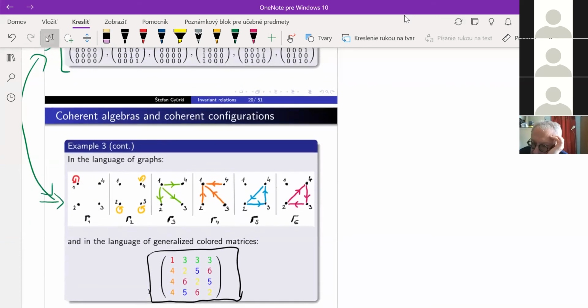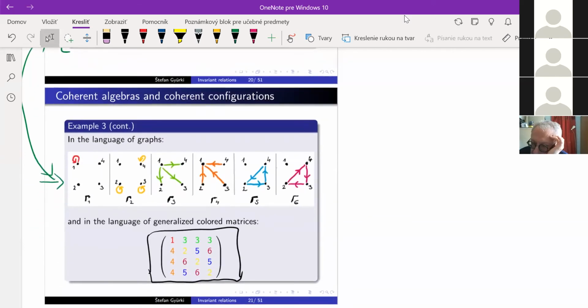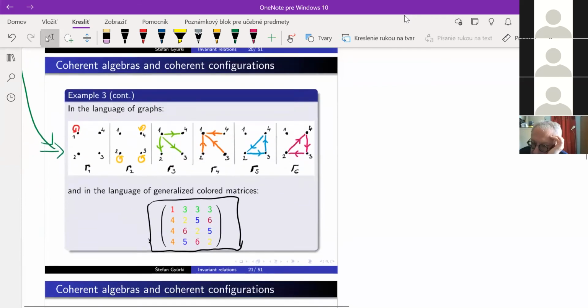So I don't think that we have time to check, but this really works and you can check it at any moment.